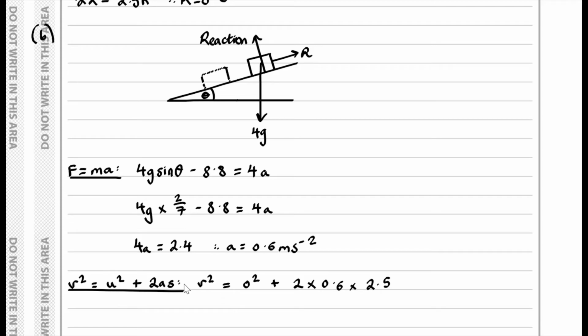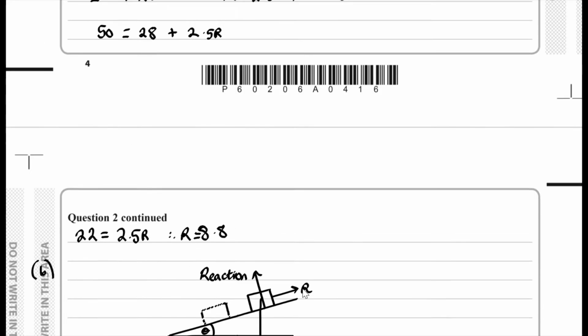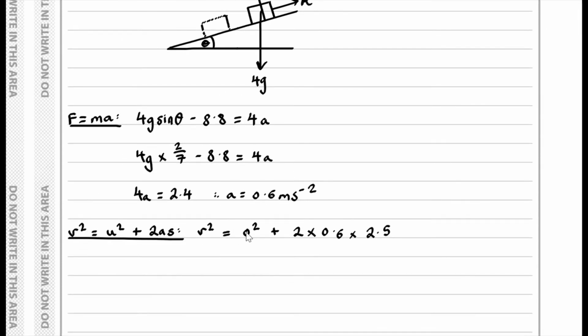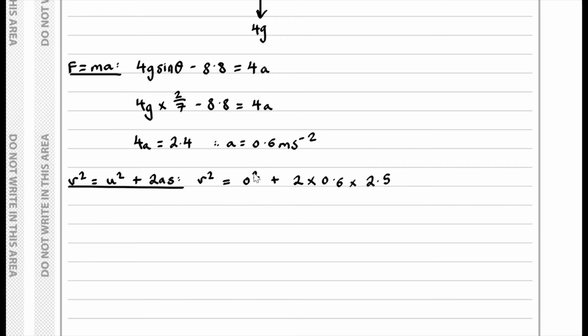The reason we have 0 squared over here is because we were told somewhere in the question that at the point B, it's at instantaneous rest. So the velocity at B is equal to 0. So v squared is equal to 3. Of course, the velocity at the point A is equal to root 3 meters per second, which is 1.7 meters per second.